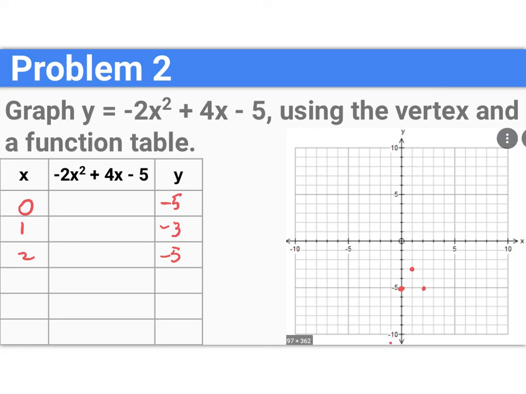And -1 was at -11, and 3 was at -11 as well. So your U looks something like this. Okay, so our vertex is given by the point 1, -3.